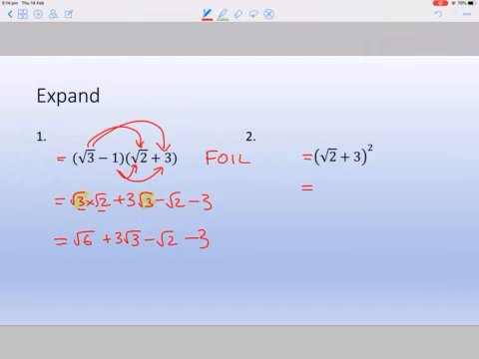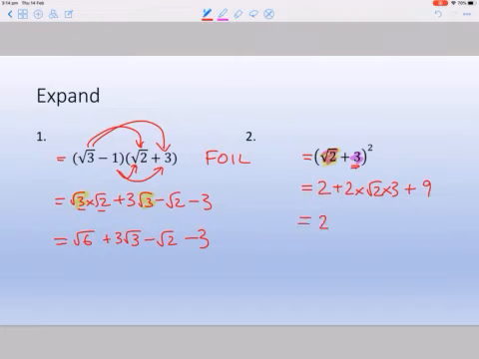Let's expand this square out. So remember, when we expand the square like this, we square this. So the square of root 2 is just 2. And then we go 2 times this times that. So I'm going to go plus 2 times root 2 times 3. Plus this last term squared, which is 9.